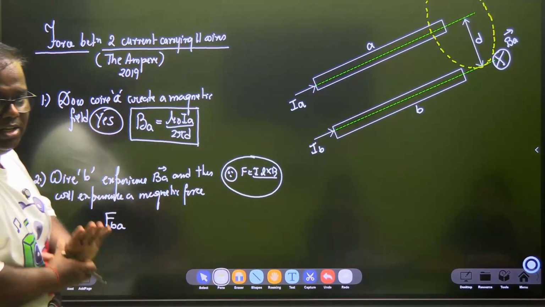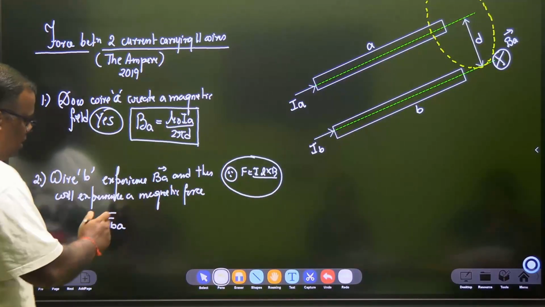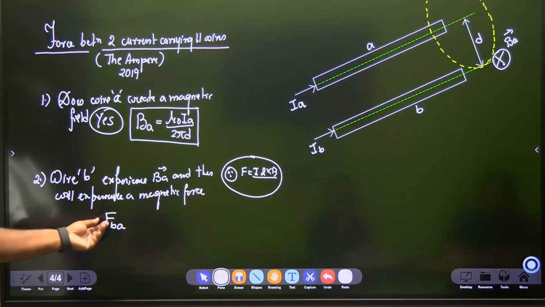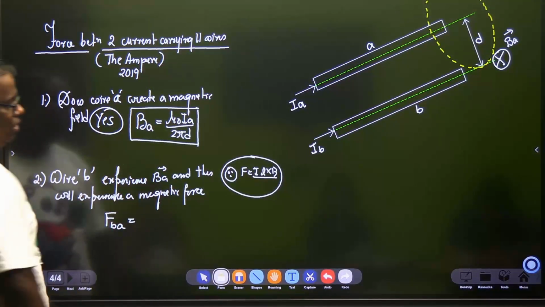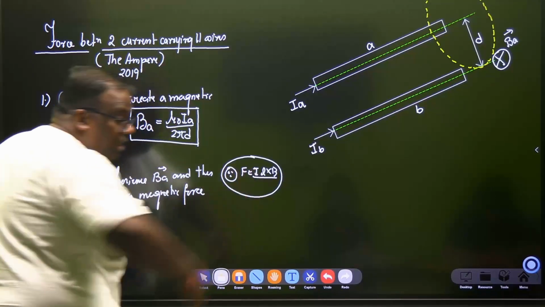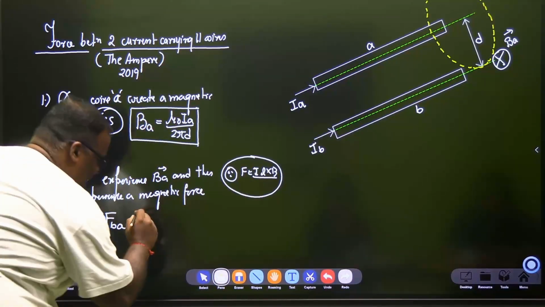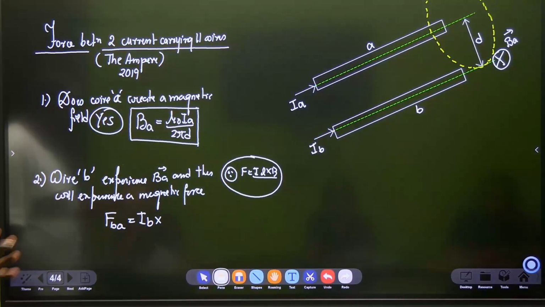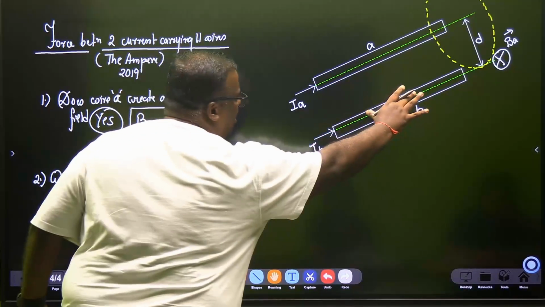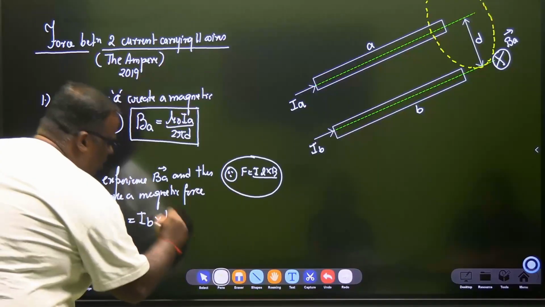Is this fine? Now let us put this: I'm saying that the force is FBA. And this FBA force should now be equal to IB, the current that B is carrying, right? Let us assume a small length element L out here.